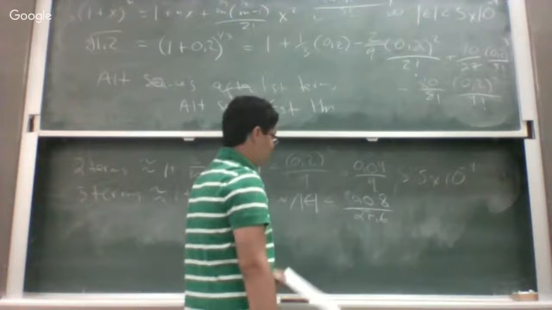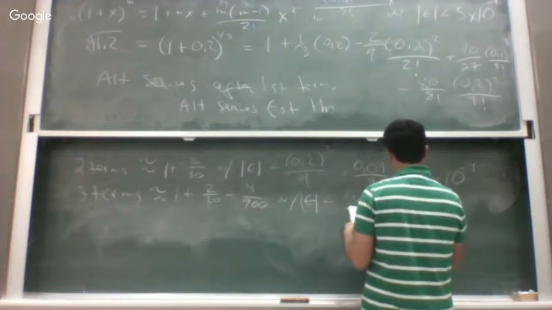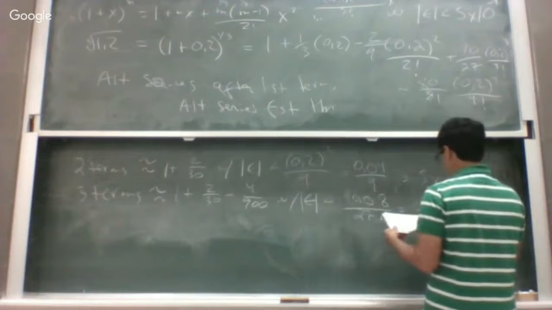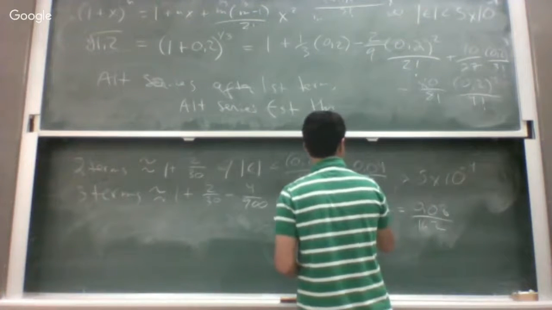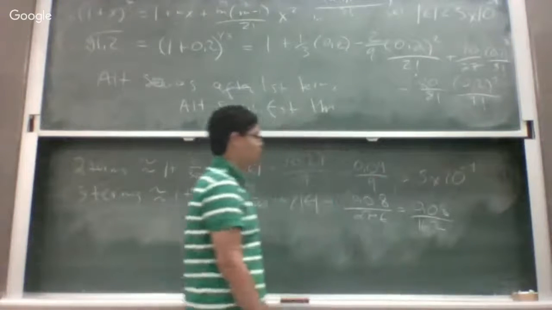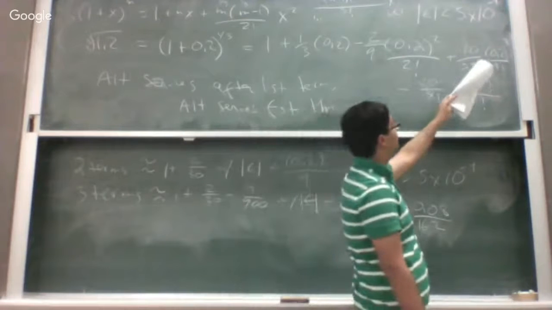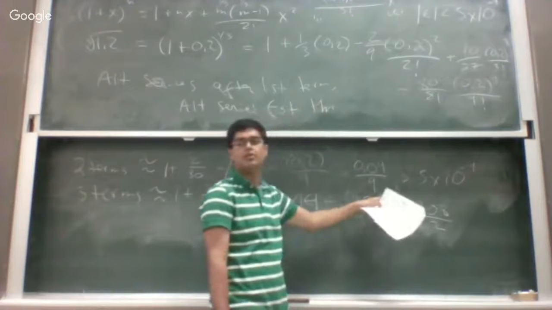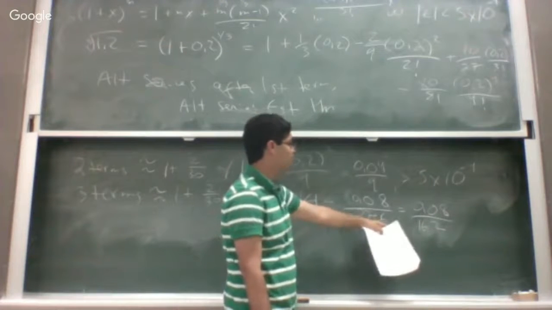And then that is equal to 0.08 divided by 162, which is less than, oh sorry, this is 27 times 6. Did that make sense? 0.2 cubed is 0.08, divided by 27 times 6.